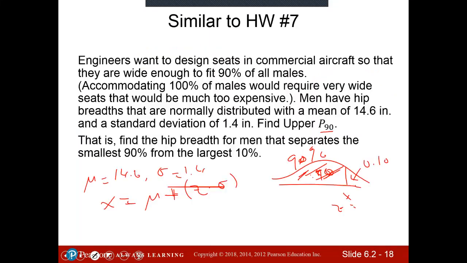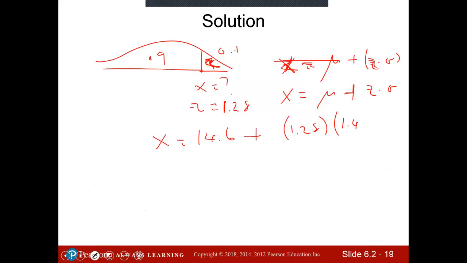Let's evaluate that: 14.6 plus 1.28 times 1.4 is 16.392. Rounded to one decimal place, that will be 16.4. That is my value.